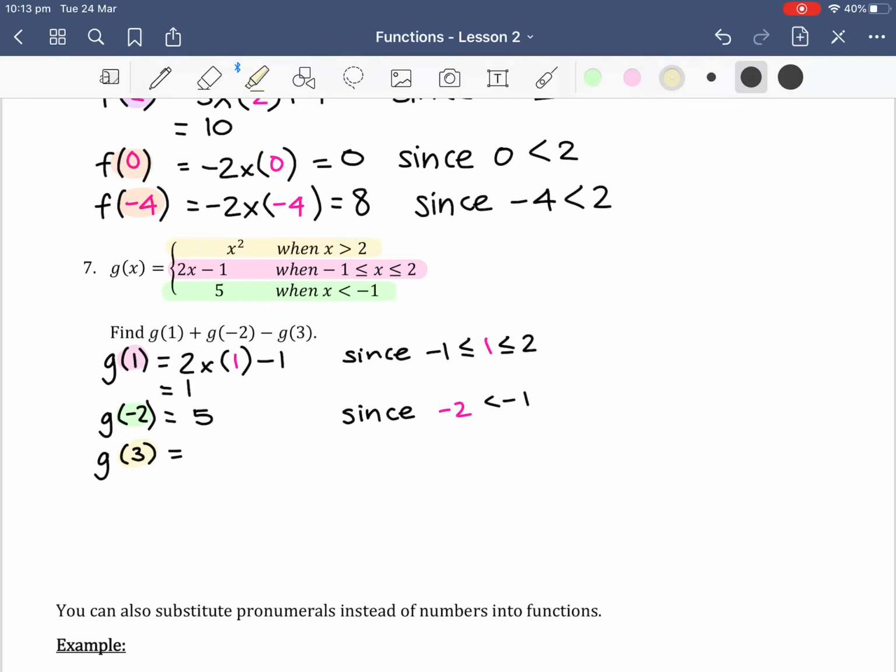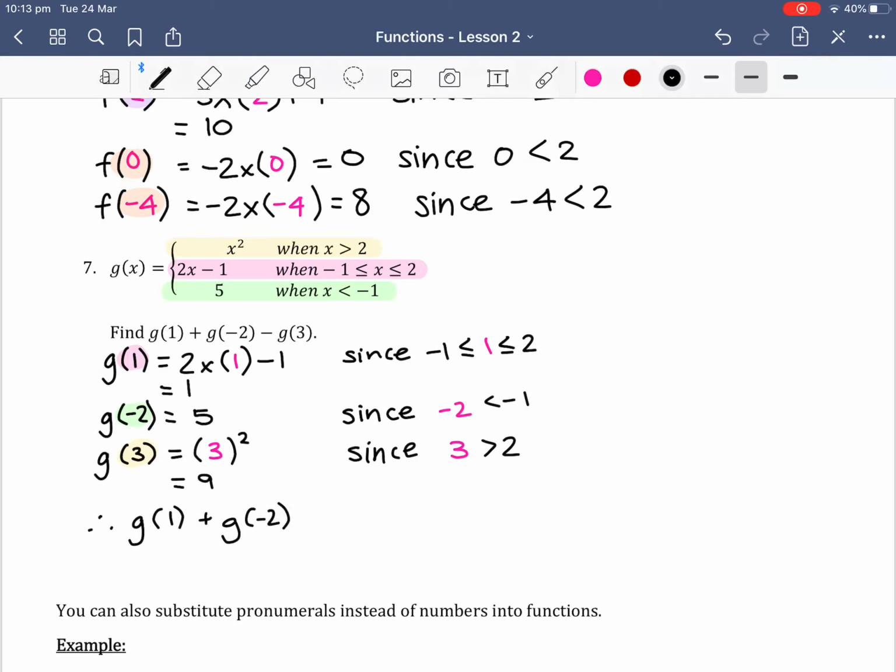So that will be our yellow one, because 3 is greater than 2. So it will be our 3 squared, and 3 squared is 9.